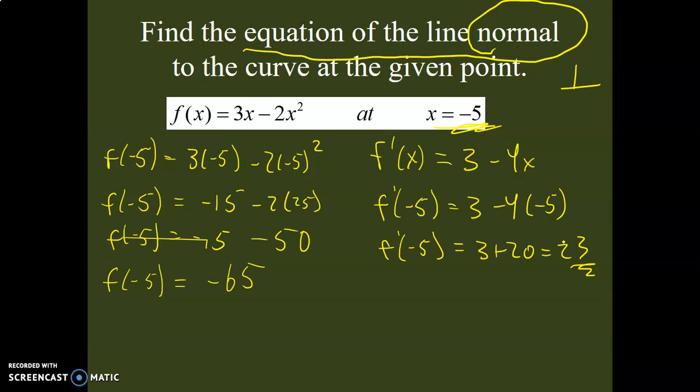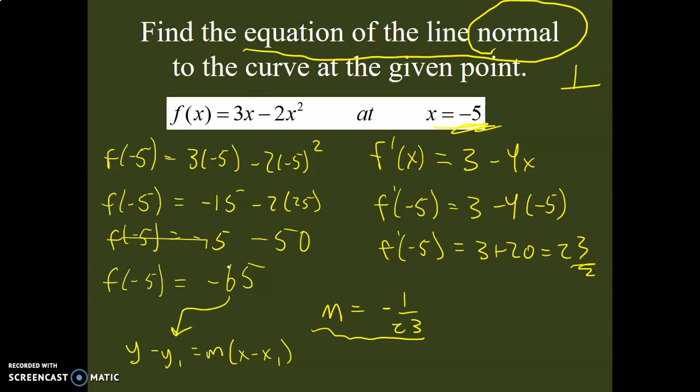But I don't want the slope of the tangent or the slope of the original equation. I want to do the normal line. So the slope that I actually want to use is going to be perpendicular to 23, which would be -1 over 23. So now I want to do y minus y1 equals m times x minus x1. There was my y1 value.